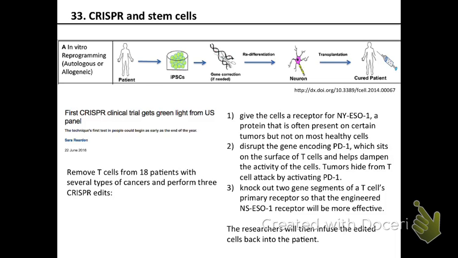Yeah? 18 patients seems like a pretty small study size. Is that because the risks are high? There are a lot of ethical things to go on here, right? Because they don't know what's going to happen. So the choosing of the patients is one thing that limits it, right? And you don't want to start out big, right?